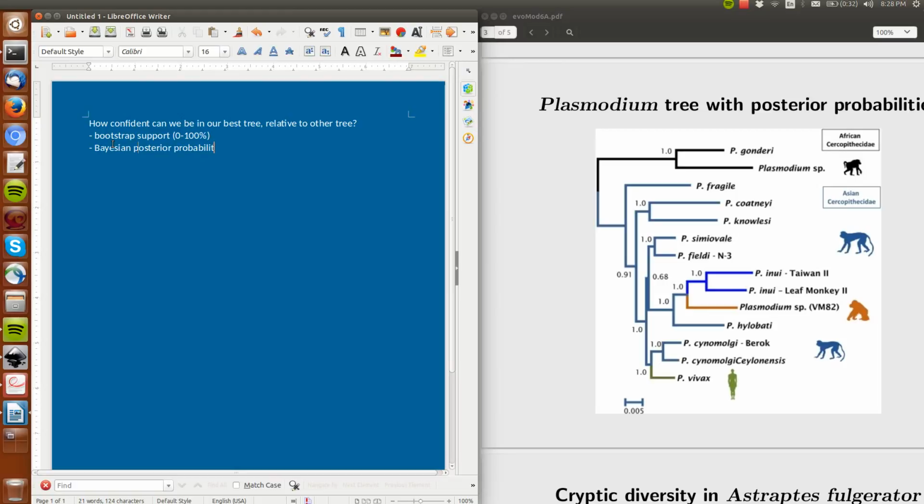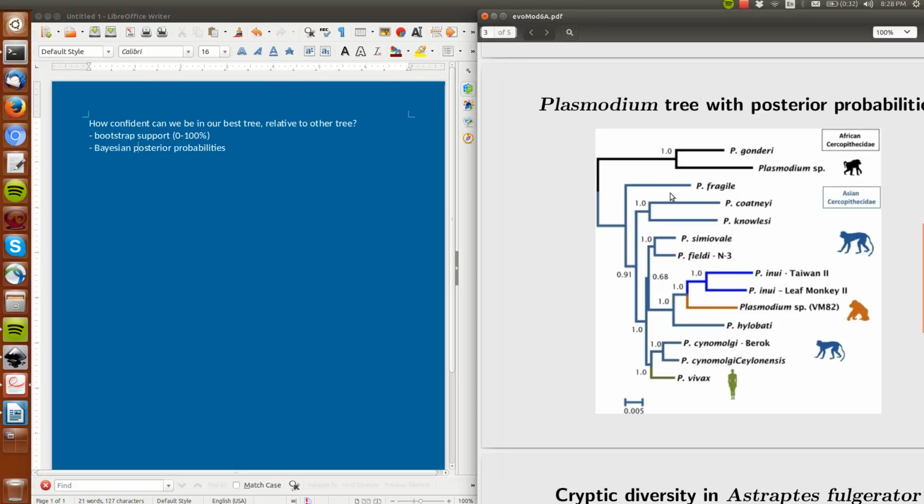I have an example of this over here. Here you're looking at a tree of Plasmodium, which includes the parasite that causes malaria. You're looking at the tree reconstructed of Plasmodium in humans and some other primates.